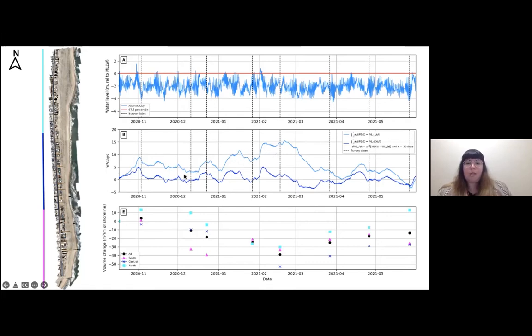This light blue line correlates with the average water level between the first survey date, which is October 17th, and any given point in time, so anywhere else along this survey. So essentially, if the slope is positive, the average water level between these 2 points, so the beginning of the survey and any point in time, is greater than the average water level over the course of the entire survey.